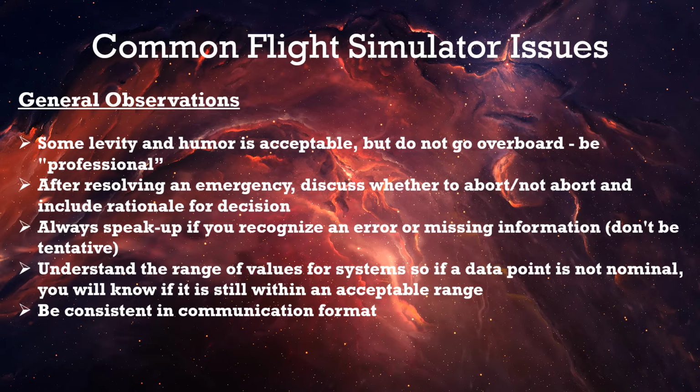Another thing that's very good to do is to understand the range of values that a data point would have for systems. The term nominal means, yes, the data point is within a nominal range. A nominal is not a specific value. For example, the normal or nominal values for hydraulic pressure can range anywhere from 3,000 psi up to 3,200 psi.